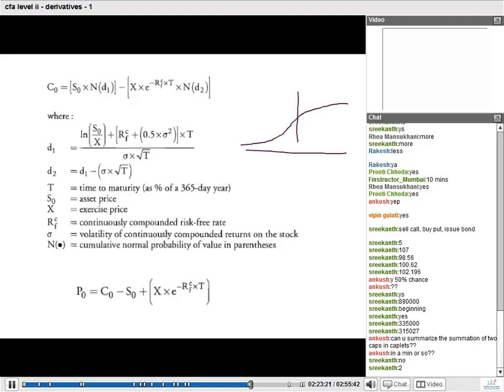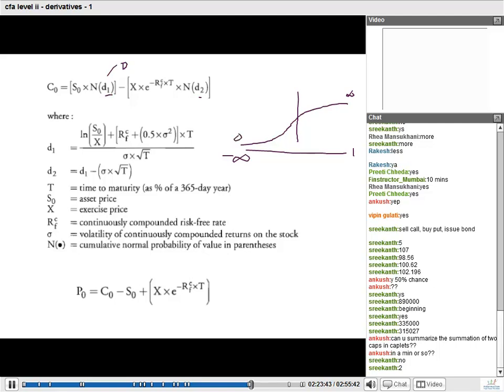D1 and D2 can vary from minus infinity to plus infinity. If D1 is minus infinity, then N of D1 will be 0. Or if D1 or D2 is plus infinity, then the value returned will be 1.